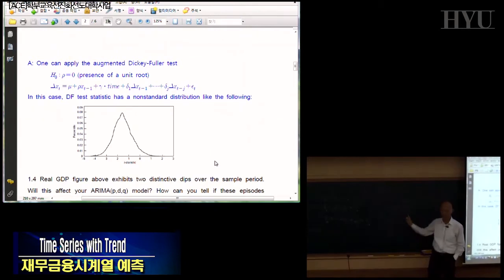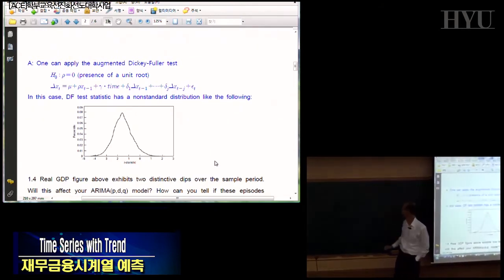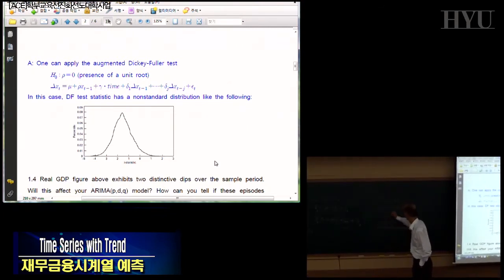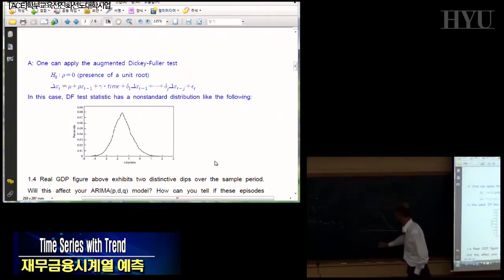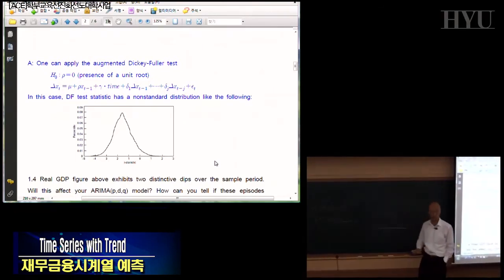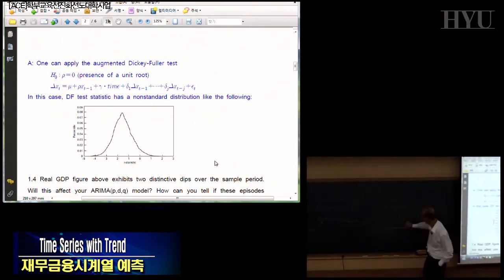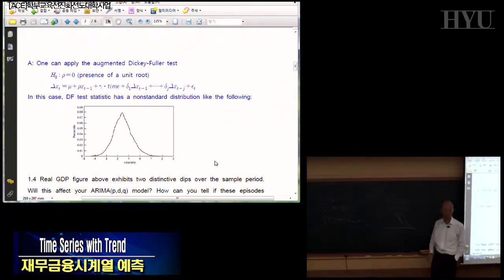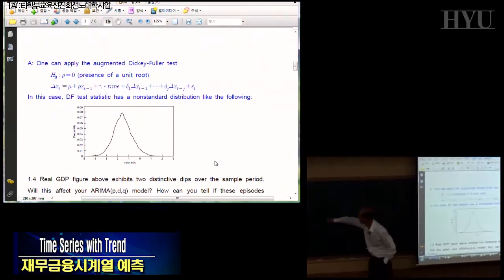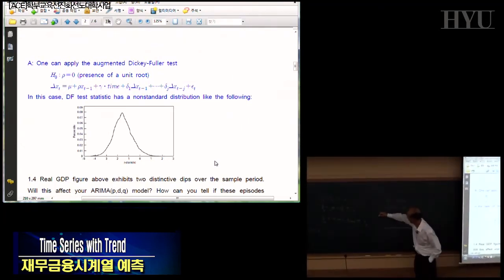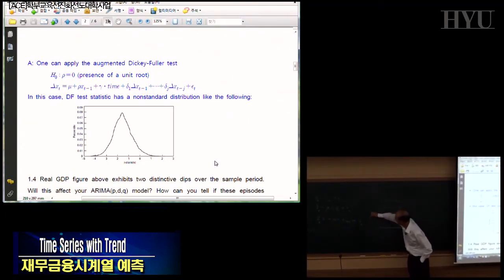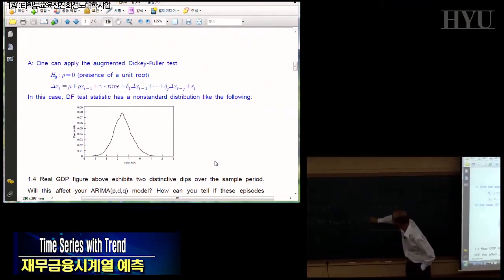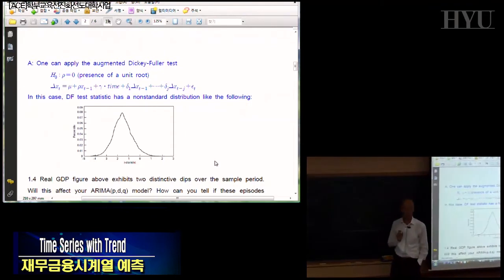I'm just making it up, okay? This is 0, and this is the standard t distribution. But the correct distribution is this one, the distribution under the null hypothesis of unit root.